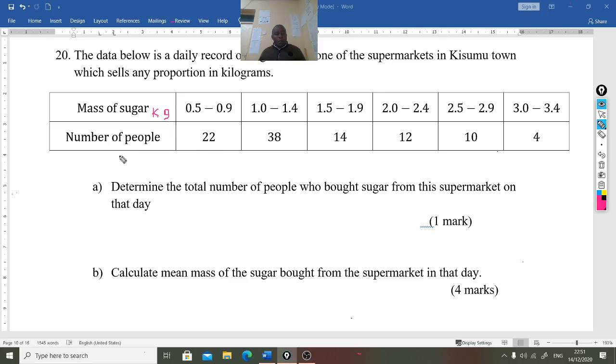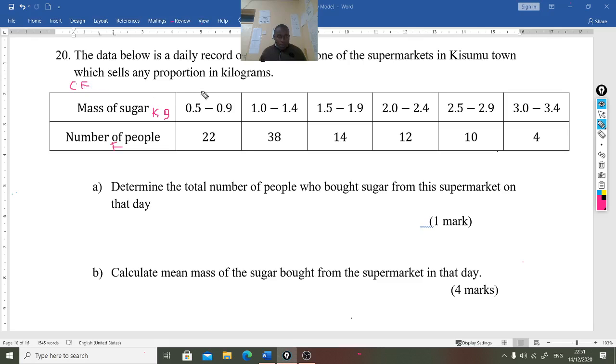Now, number of people, we can call it the frequency. From here, determine the total number of people who bought sugar from this supermarket on that day. So we can use cumulative frequency, and we are able to give the number.